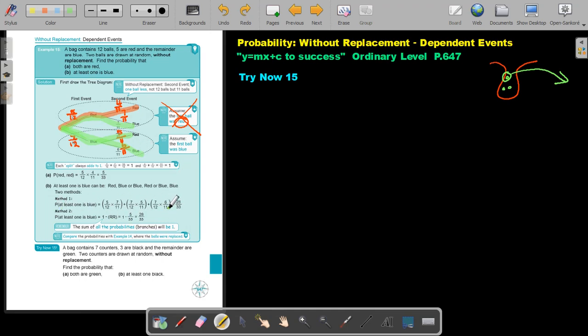We can do method 1, which is the long method. We can multiply and add up the results. Or the shorter method, we can take the whole tree, and can you remember the whole tree will always be equal to 1, a certainty. And we can just subtract this red branch, because then we are left with the green branches.